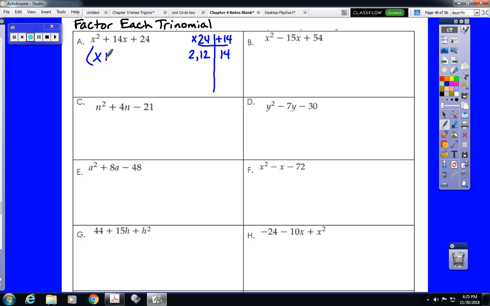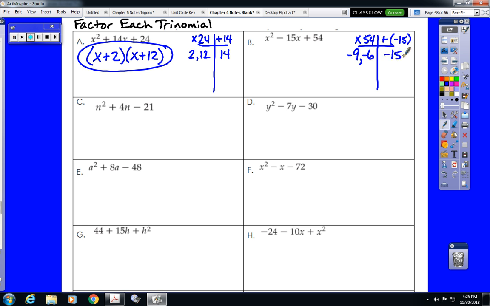So this would factor into x plus 2 and x plus 12. On the next problem, we're looking for numbers that multiply to 54 and add to negative 15. Again, this should mean that they are both negative. Given enough time, we should be able to come up with negative 9 and negative 6, which are the numbers that add up to negative 15. So we would have x minus 9, x minus 6.